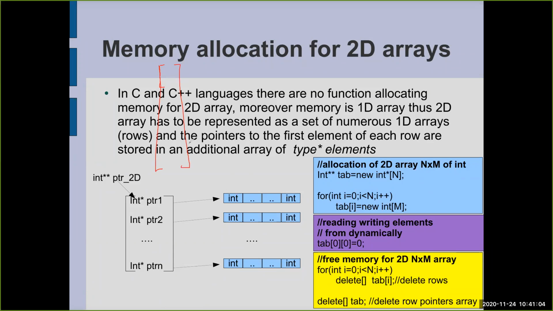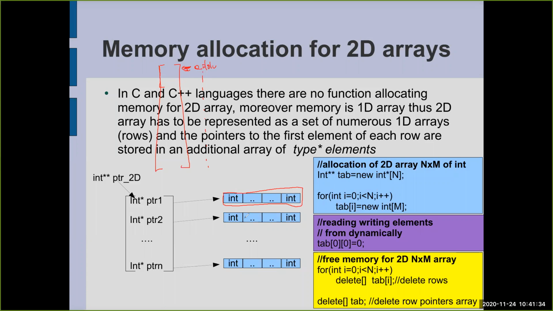Talking about pointers, I told you that every byte has a unique address, but bytes are located one after another. So if I'd like to create a two-dimensional array, I have to organize it as a set of one-dimensional arrays.